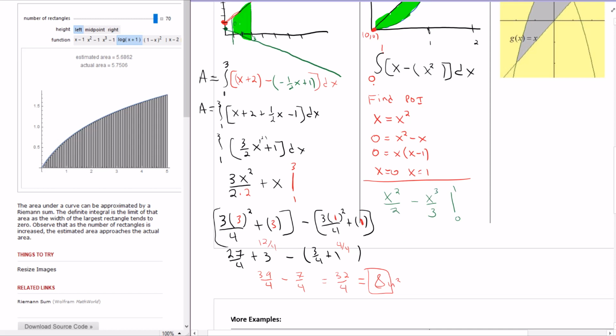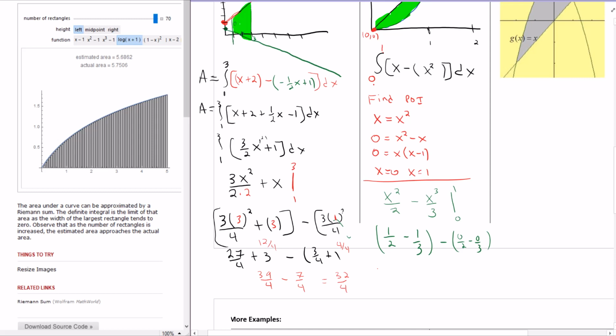I'm going to go ahead and erase this stuff so it's out of our way. We're going to end up with 1/2 minus 1/3 minus, when you plug in 0, you get 0 halves minus 0 thirds, which is 0.